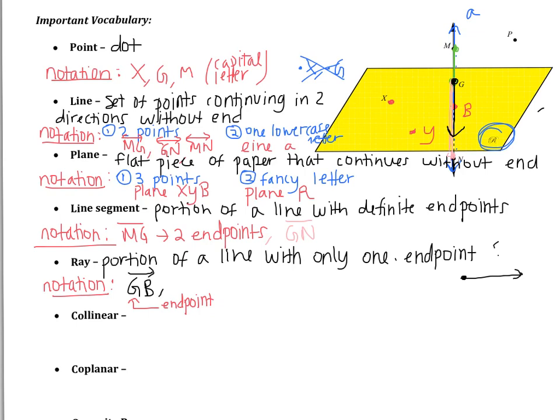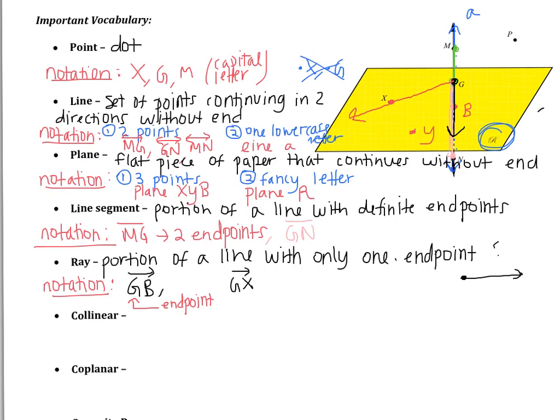So let's look at a different ray. Let's look at this ray right here. So to denote that ray, G is my endpoint, X is on the ray. Now G is the endpoint, so I want to make sure that it looks like the endpoint.